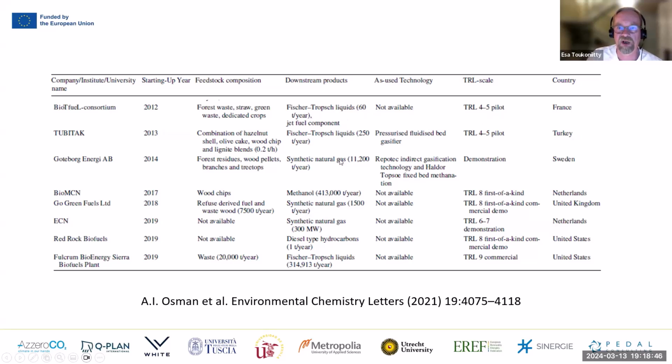So that's a pilot stage, and it's like 250 tons a year, and it's a pilot. So we are talking about several tens or hundreds of tons of material. So that's typical for pilot scale volumes in, let's say, this fuel industry.